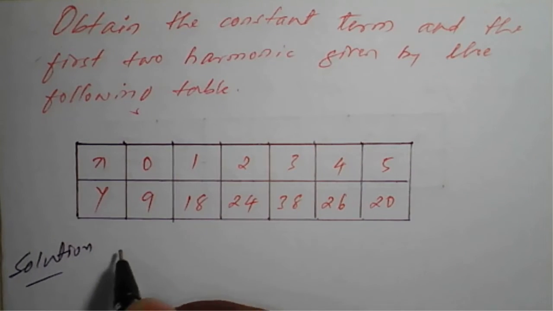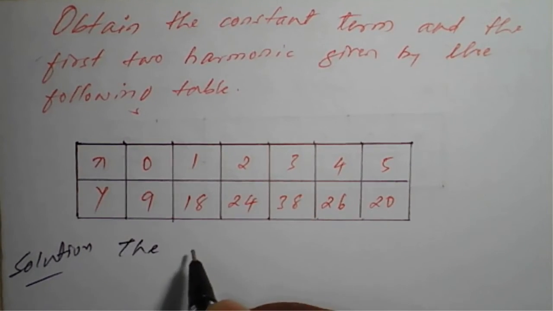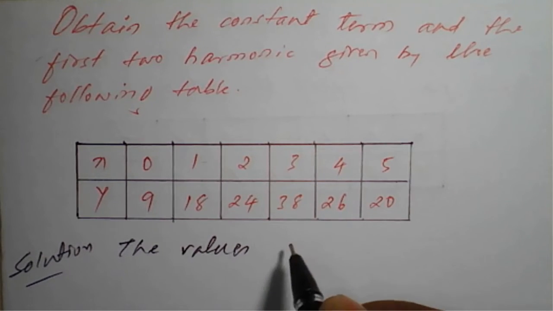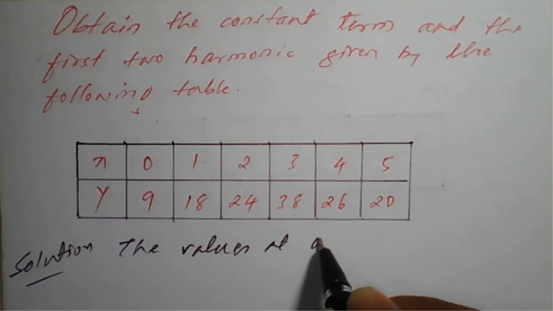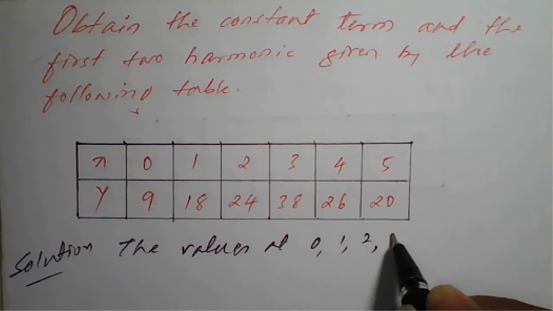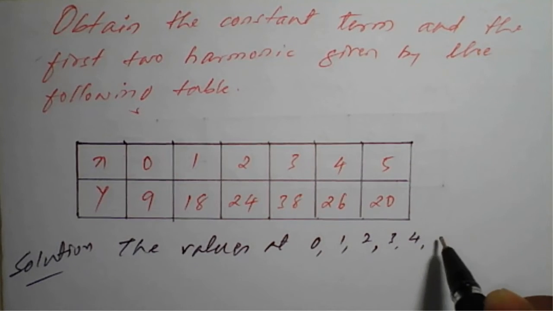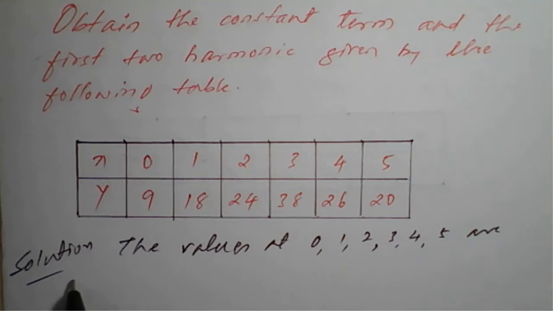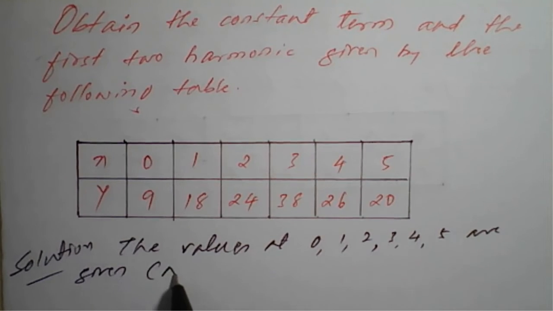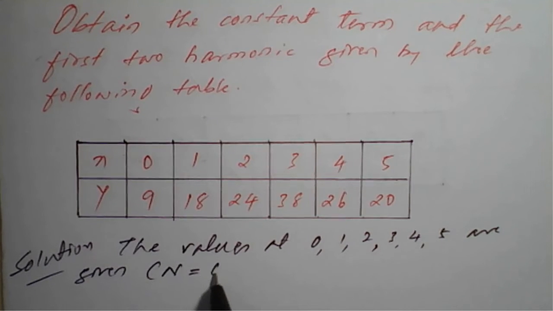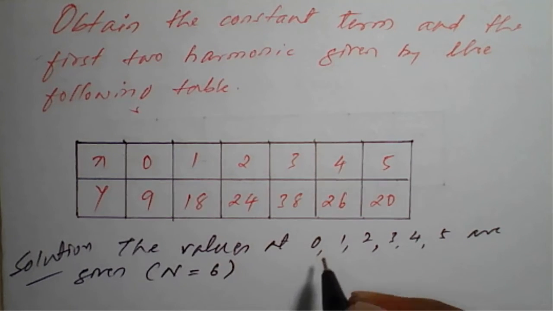The values at 0, 1, 2, 3, 4, 5 are given, and if you count them, 1, 2, 3, 4, 5, 6, so capital N is 6 here.